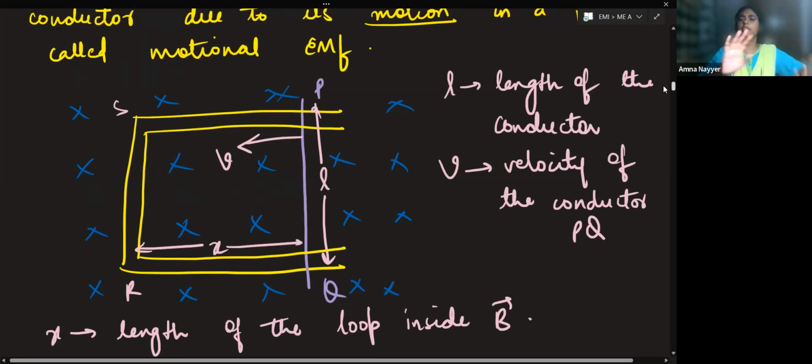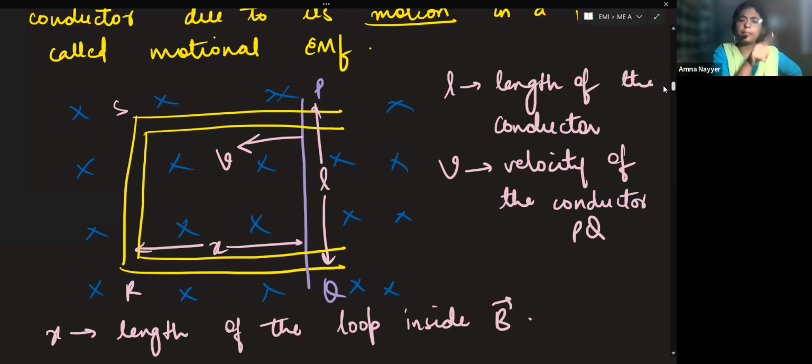So I have chosen a U-shaped conductor. These U-shaped supports, not tubes exactly, are iron supports. And this PQ you are able to observe, this PQ, is a conductor whose length is L, and this conductor is moving. It's like this, the iron supports that I have taken, and I'm sliding the conductor like this.